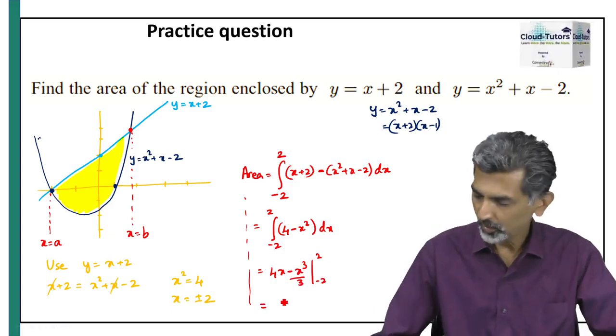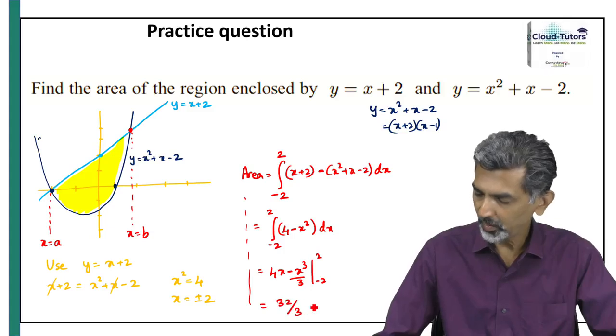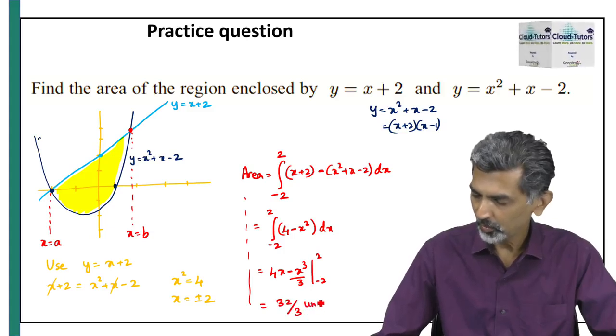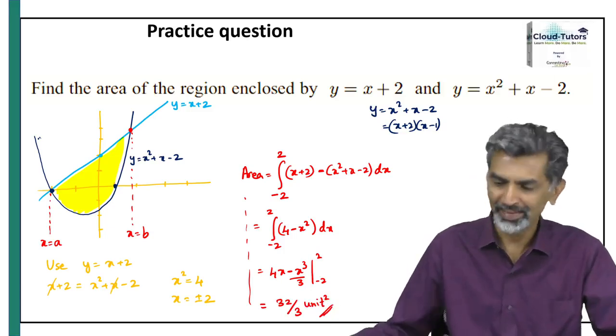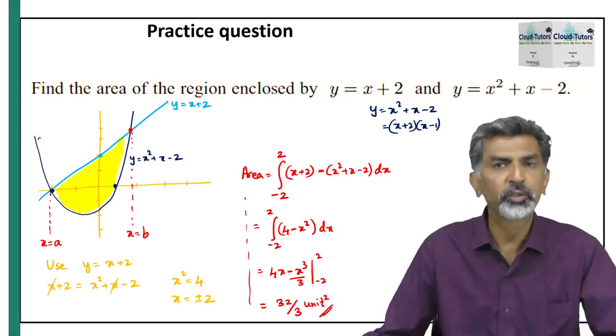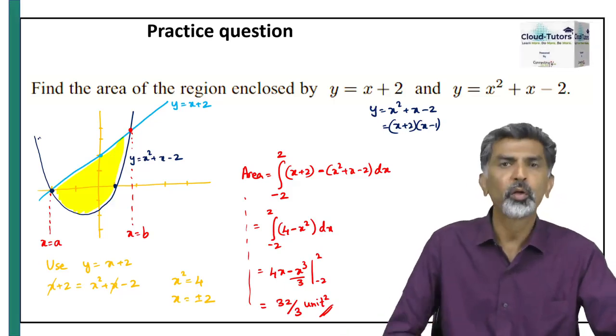And that comes to 32 divided by 3 units square. Remember, we are talking about area, so you need to express it as centimeter square or unit square. So this is how we got it.